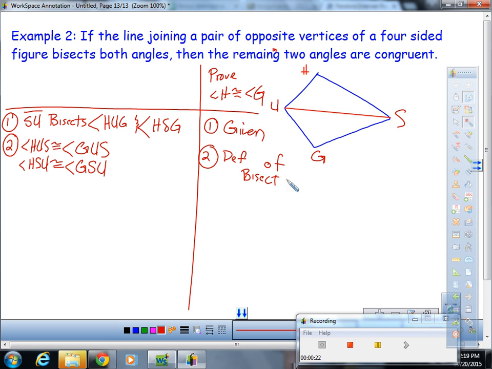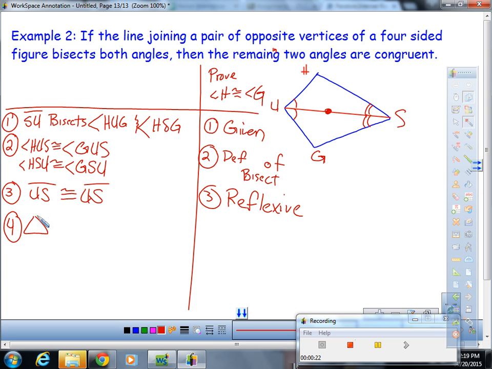So let's mark my picture before I get confused. I now know that and that. Oh, I got this. I see angle, side, angle right there. So I can say that US is congruent to US by reflexive. Okay.